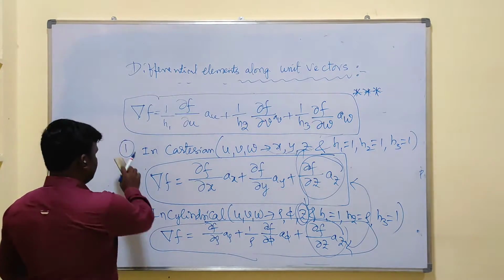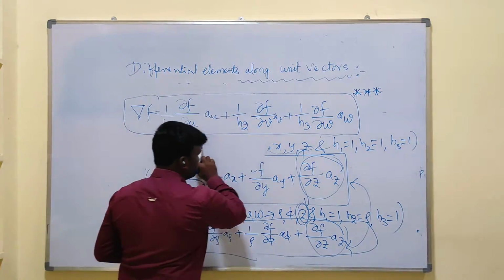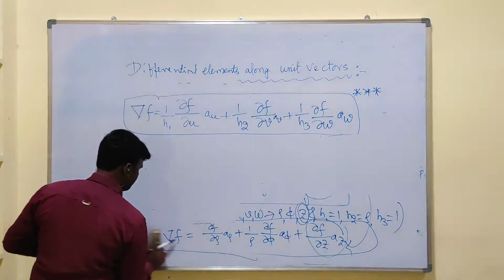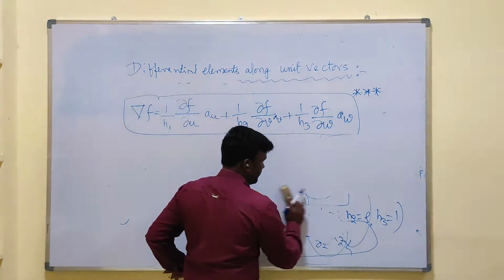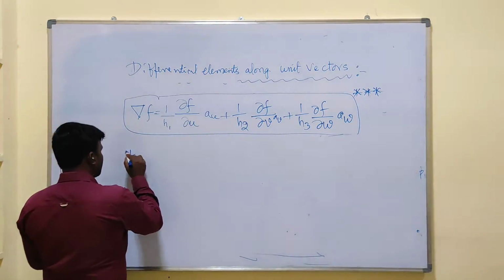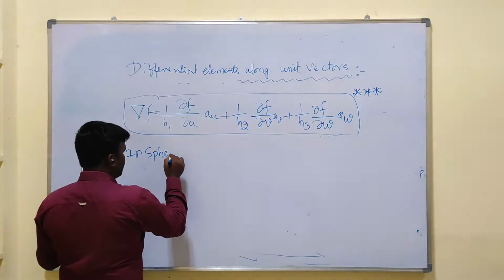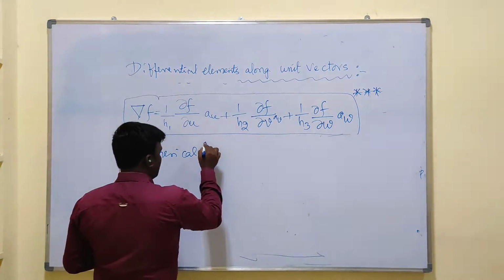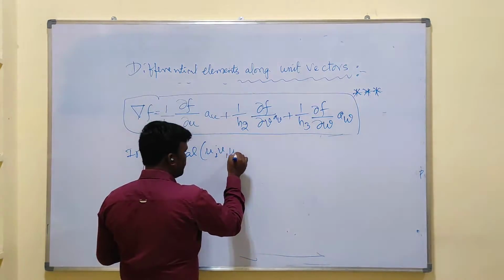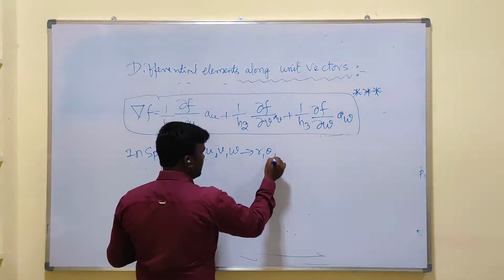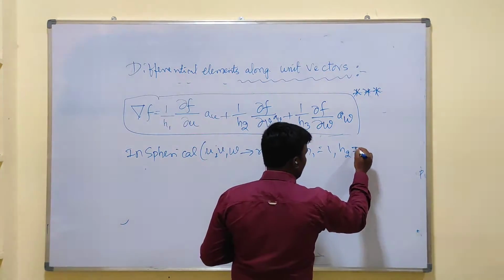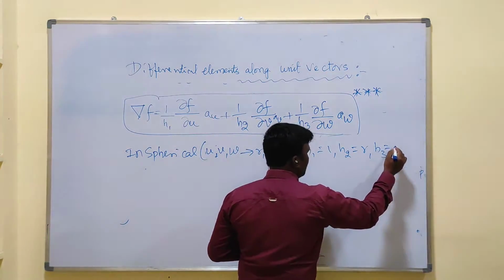That is the gradient formula in the spherical coordinate system. In spherical, u, v, w are replaced with r, theta, phi, and h1 is equal to 1, h2 is r, h3 is r sin theta.